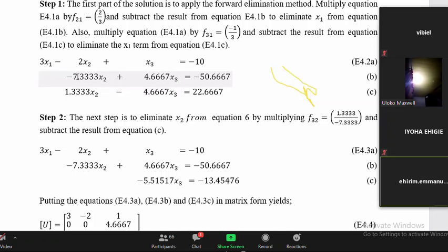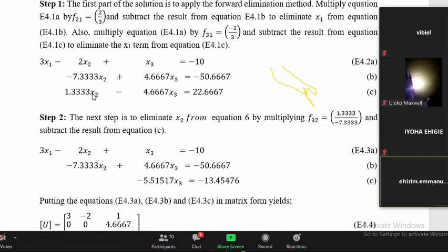This one will be A22 prime, A32 prime. We want to eliminate x2 from the third equation. All right, our time is running out. Don't forget how we usually do it. When the time runs out, we will come back.